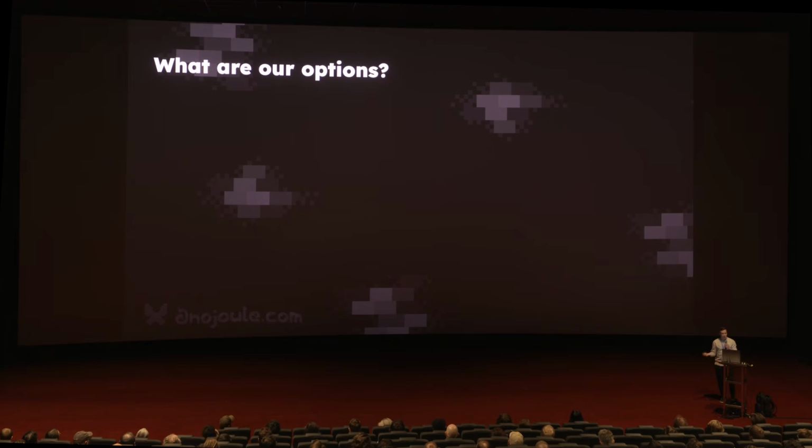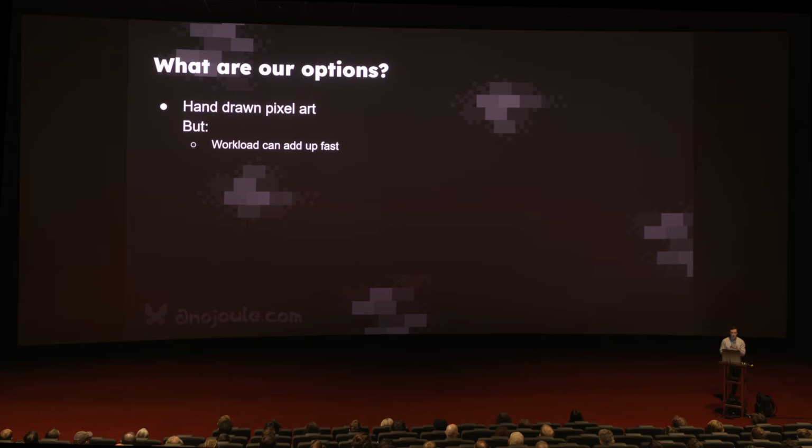But first, what are our options in general and how does it compare? With hand-drawn pixel art, you have the issue that the workload can add up pretty fast, especially if you hand draw your effects. Think about you have your artist, he made another sprite animation set for a new weapon, and in your game you want to have elemental effects on them, and if you have to hand draw them to interact perfectly with all the weapons, you might have a lot to do.